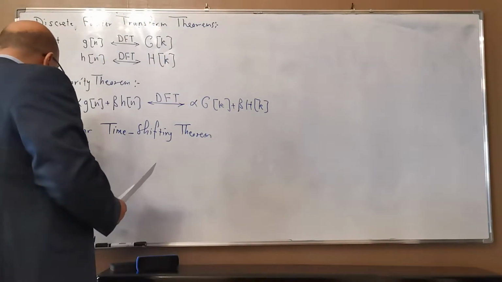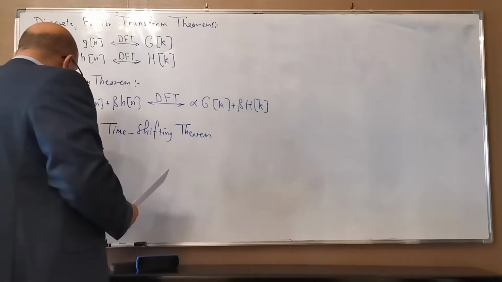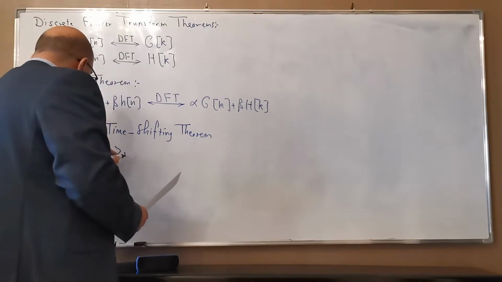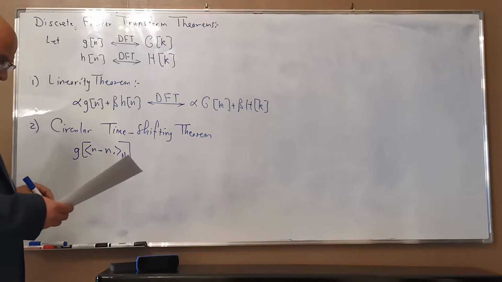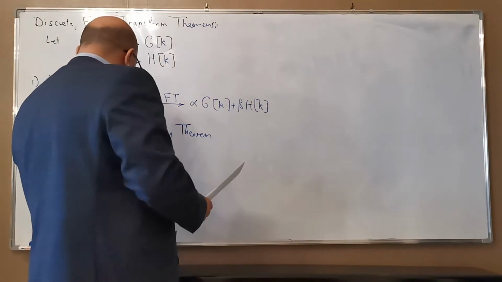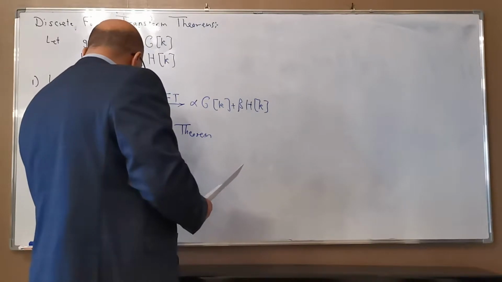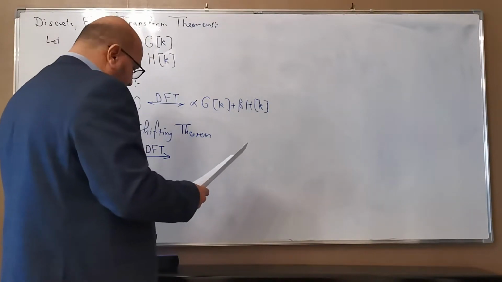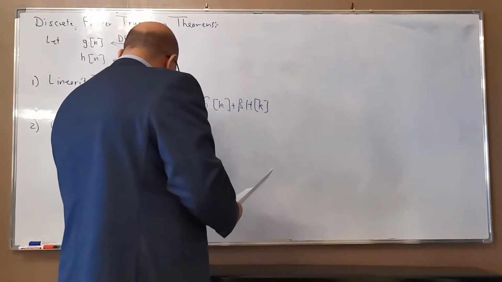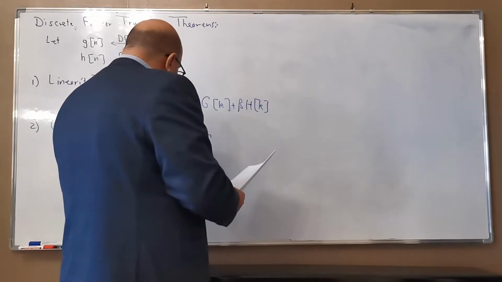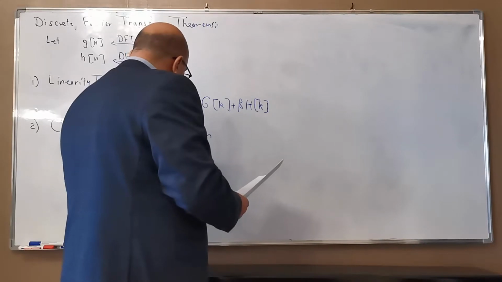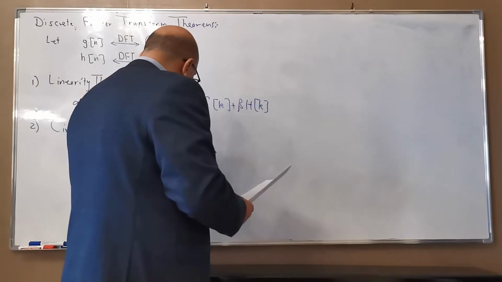If you have a circular shift in time domain, so you have a circular shift G of n minus n0 modulo n, it has the DFT of G of k, but with a phase shift. So you have a phase shift with W sub n to the power k n0 times G of k.